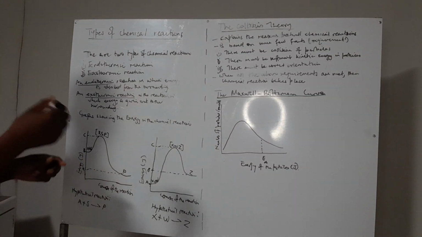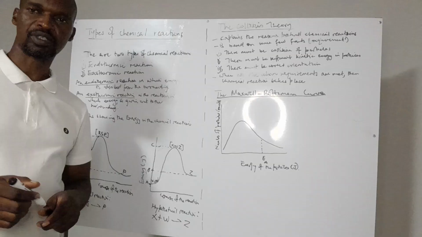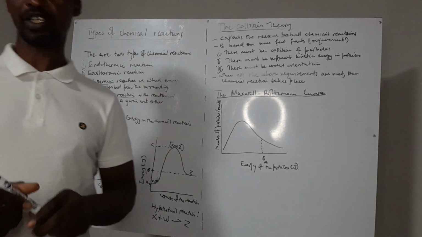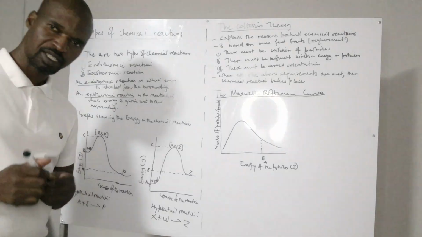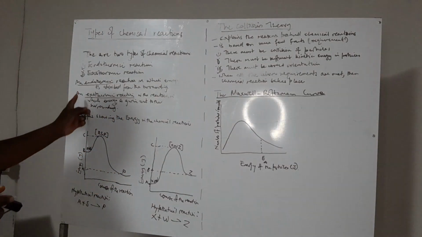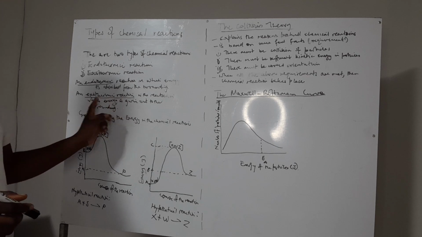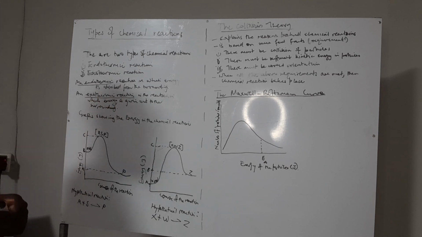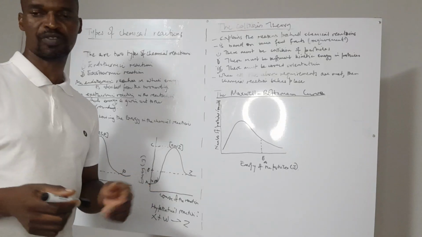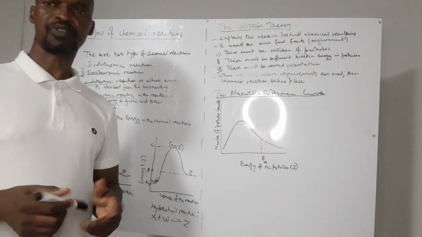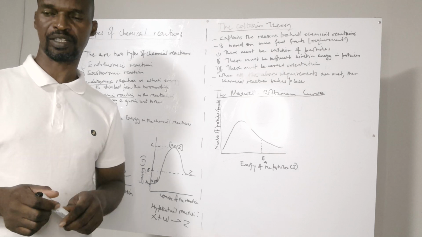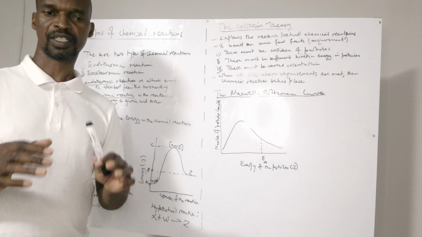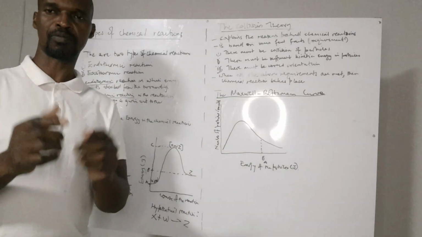Now, we can move on and look at what we call the exothermic reaction, which is the second type of chemical reaction. The exothermic reaction is the reaction in which energy is given out to the surrounding, and you are used to most of these types of chemical reactions. Think of yourself taking a match and lighting your candle, then the whole space becomes warmer. Why?